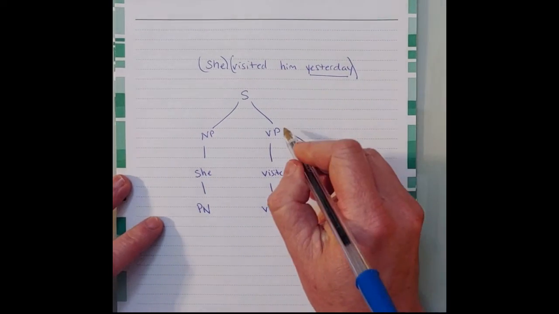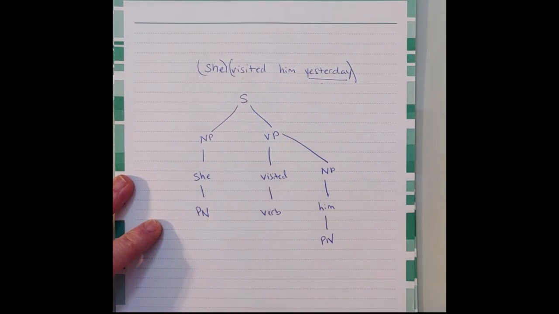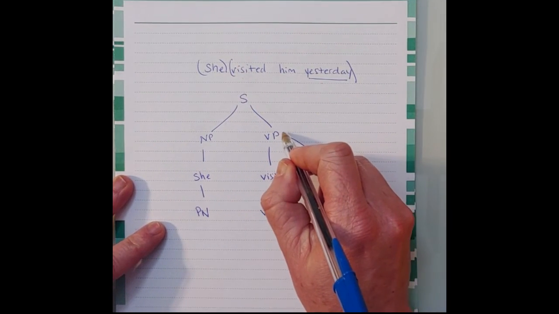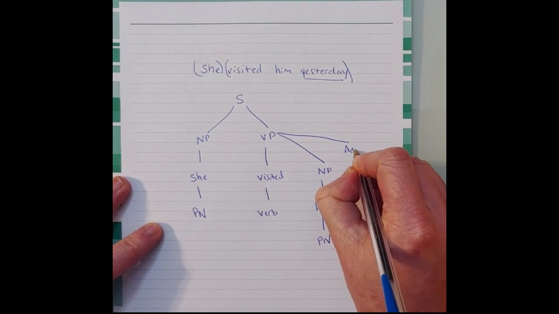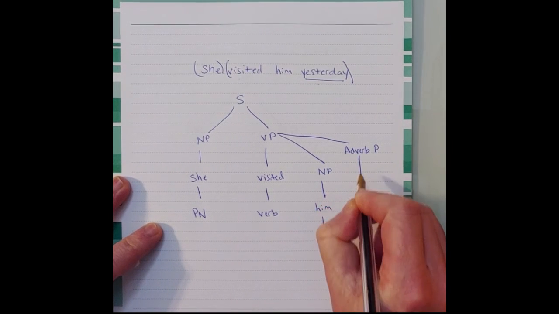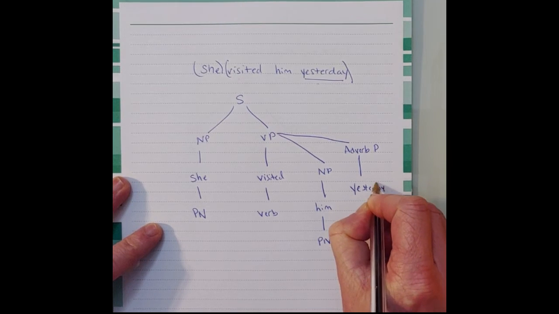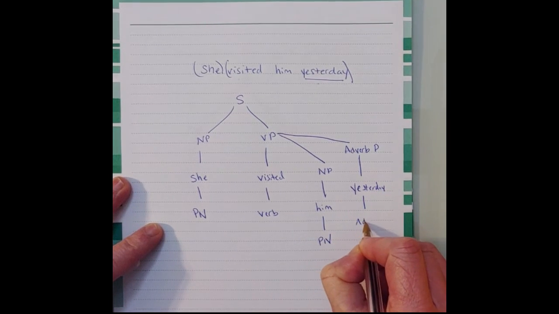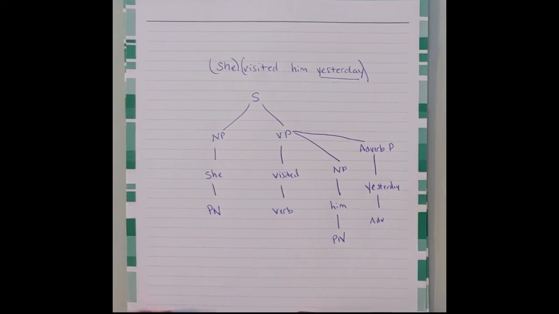So the interesting thing here is that yesterday actually tells me about the visit, right? When the visit happened. It tells me about the time of the visit. So off the verb phrase, I actually have an adverb phrase. Okay? And that adverb phrase consists of this word, yesterday. And I know that that is an adverb. So that one might have been a little tricky for some of you. Let's keep going.